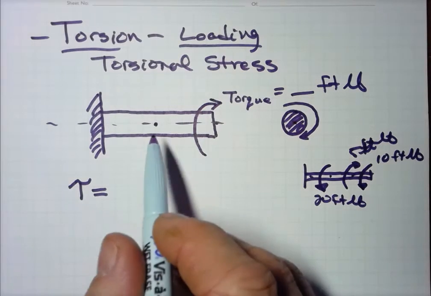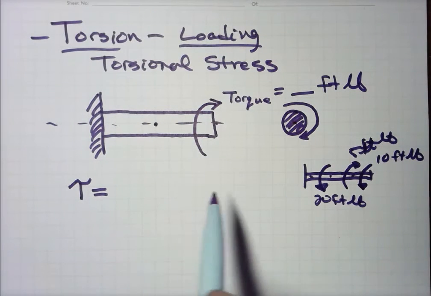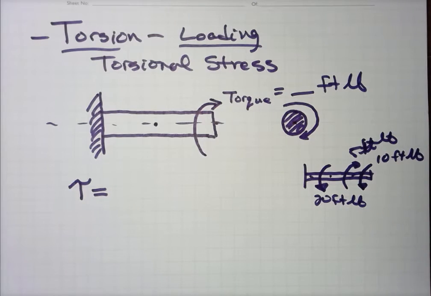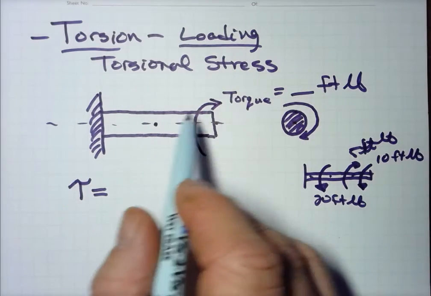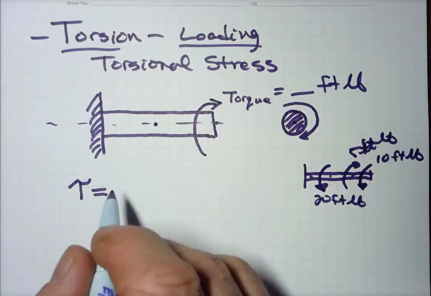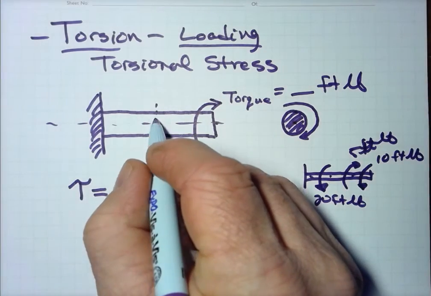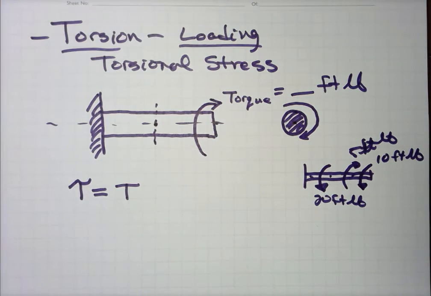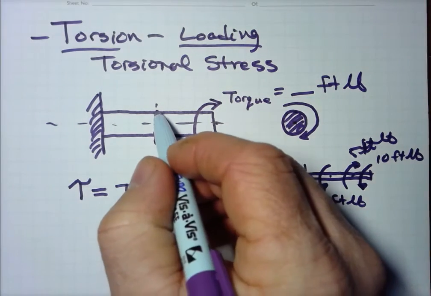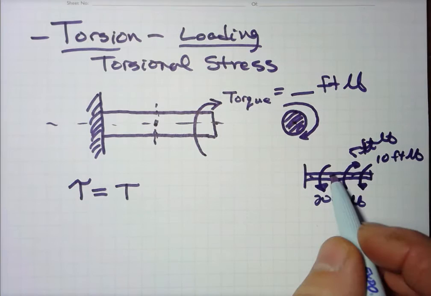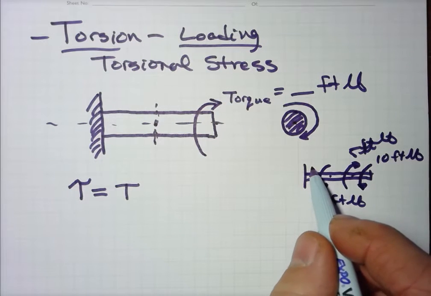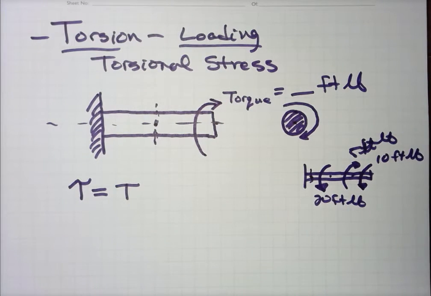And the shear stress depends on the torque. I'm just going to use the symbol T. Everywhere in a given cross section, the torque is the same. So for a given cross section, the torque is a constant.